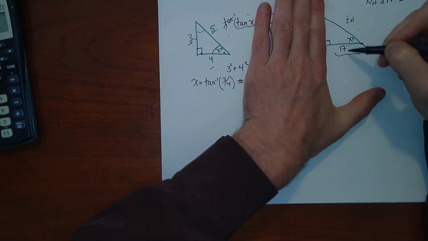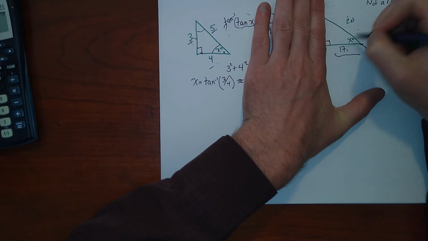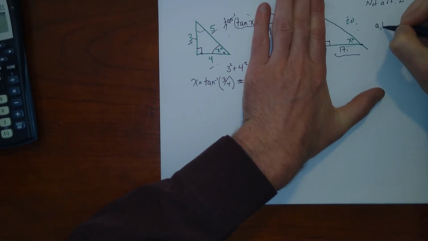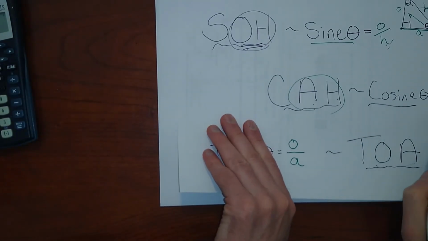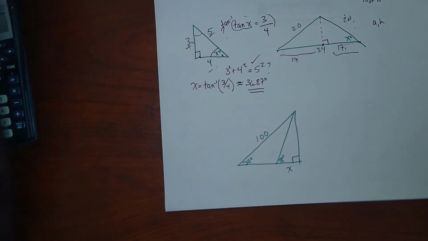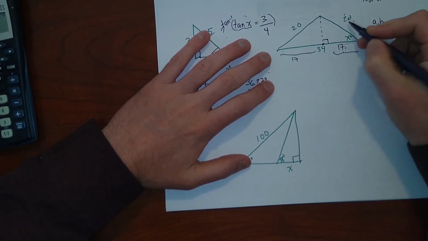Now I have a right triangle with two sides and an angle. So here the sides that I have are the adjacent side and the hypotenuse. So what I want is the cosine. So the cosine of that angle x is 17 over 20.